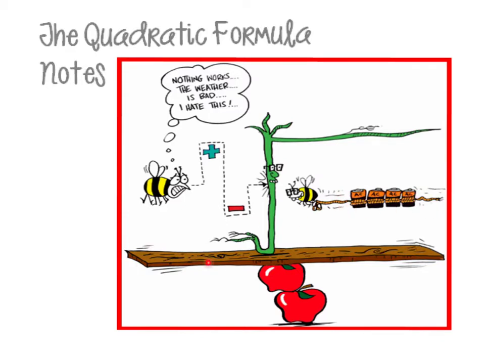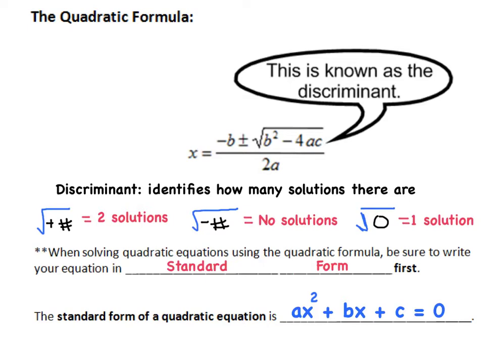And he's doing this all over 2 apples. That kind of goes into what our quadratic formula is, which is negative b plus or minus the square root of b squared minus 4ac, all divided by 2a.